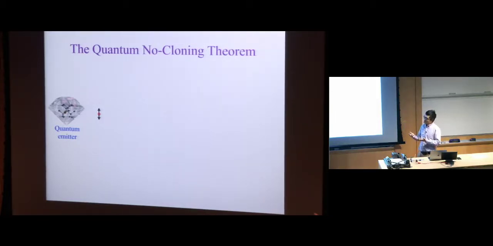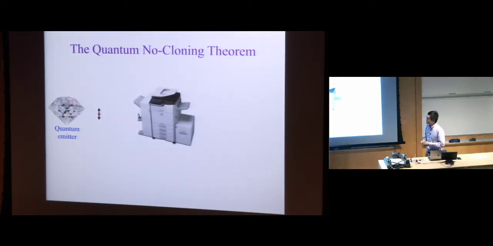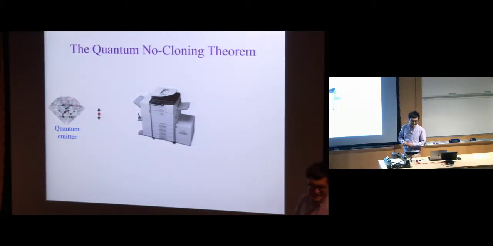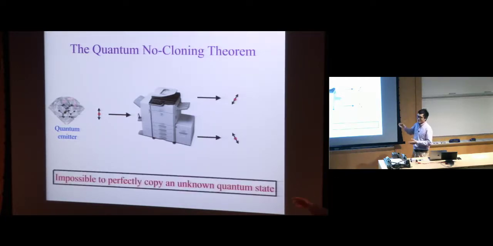So let's say you are given the best cloning machine that nature allows you to build, and you try to duplicate this unknown quantum state carried on this photon. So this is your cloning machine. You want to duplicate that state, and the no-cloning theorem essentially states that you won't be able to get two perfect copies.